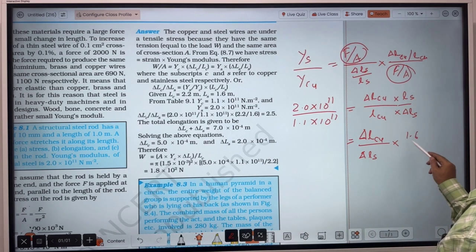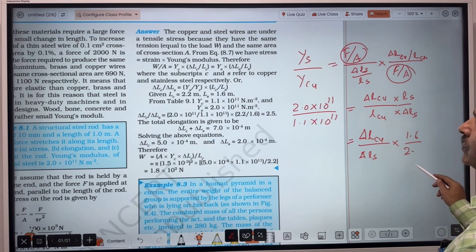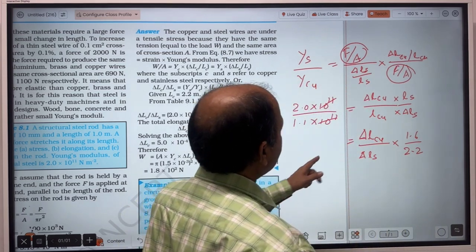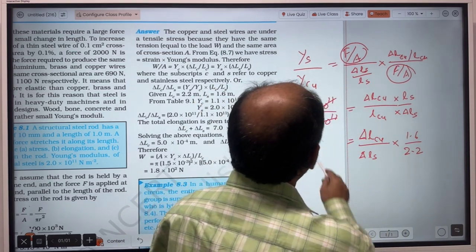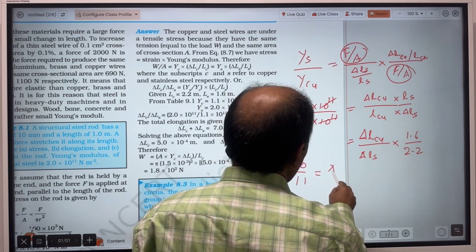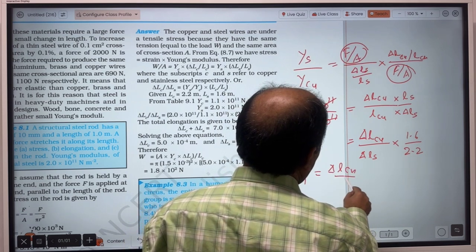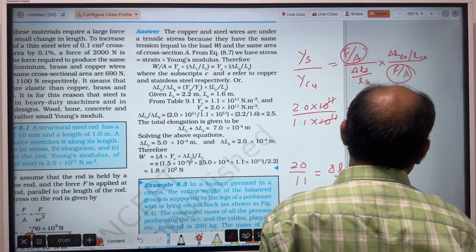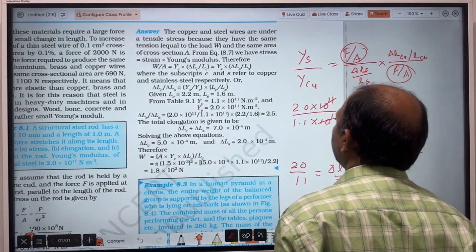So 1.6 divided by 2.2, right? And here 10 power 11, 10 power 11 cancels. So this is 20 upon 11 delta L Cu divided by delta L steel into 16 by 22.